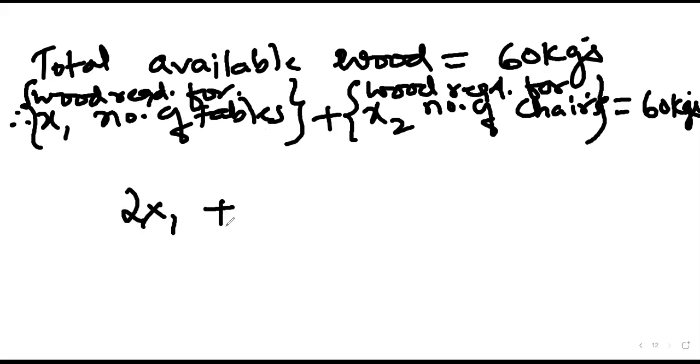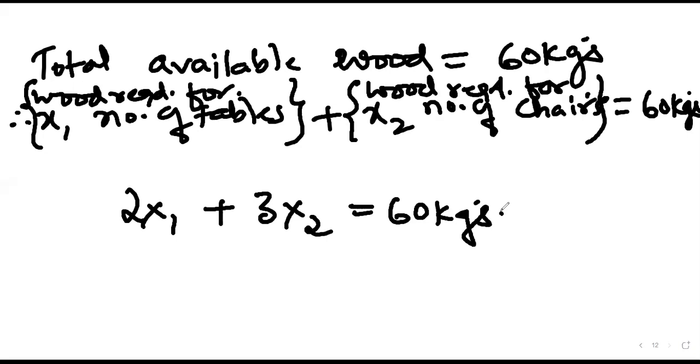The equation is 2x1 plus 3x2 is equal to 60 kg. Right? Two x1 plus 3x2 is equal to 60 kg. Is it right? Or any doubts?